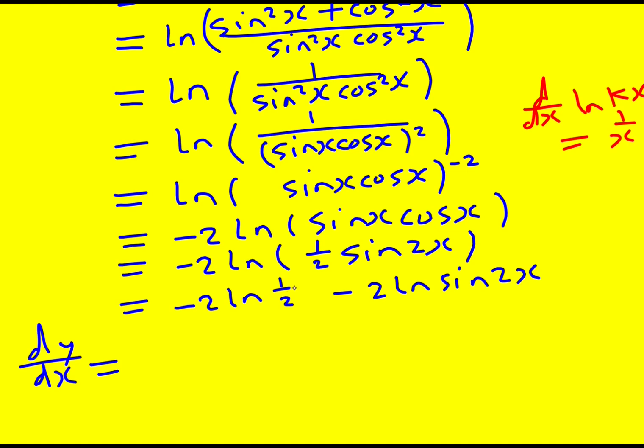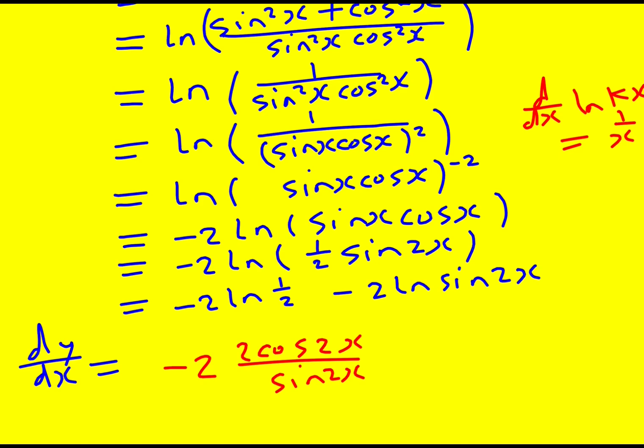So we can just ignore this when we differentiate, and I'm going to get minus 2, and then I differentiate ln sine 2x, so I differentiate sine 2x to give me cos 2x, all over sine 2x. I've used a chain rule there.